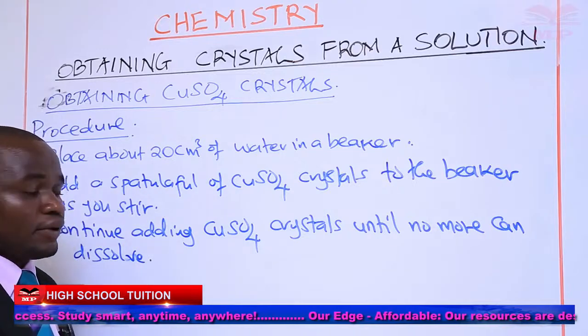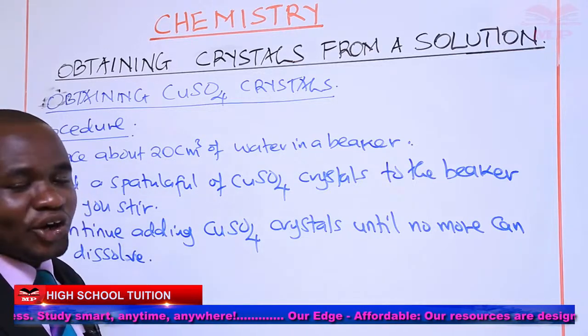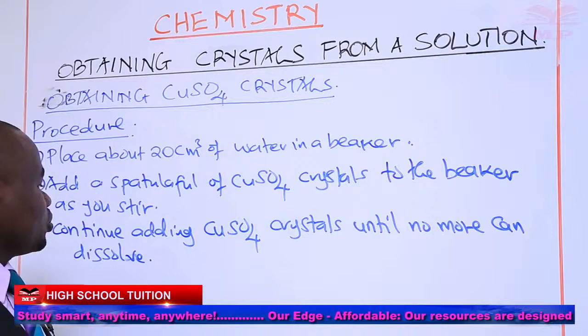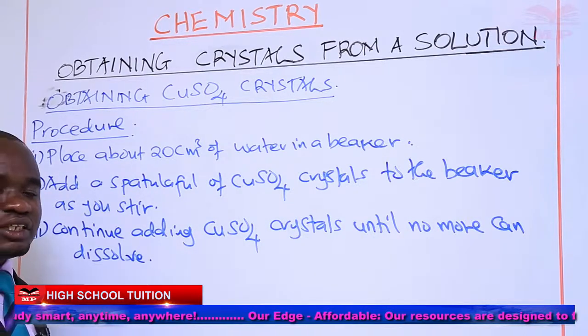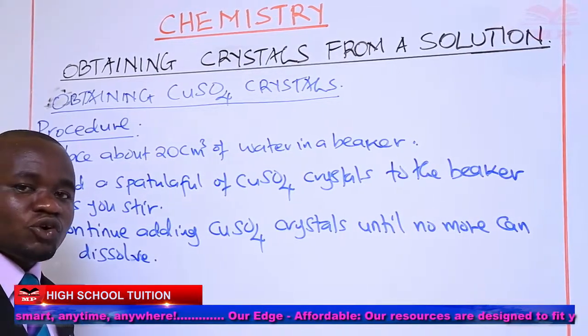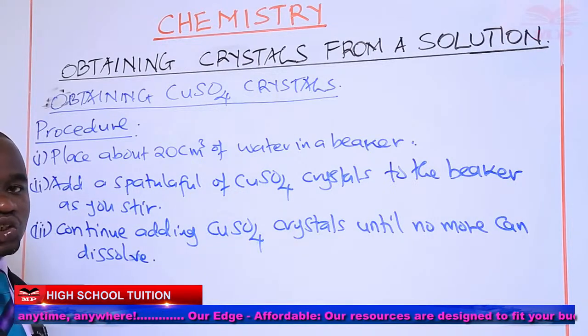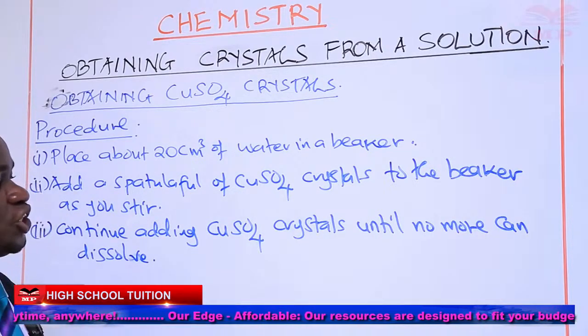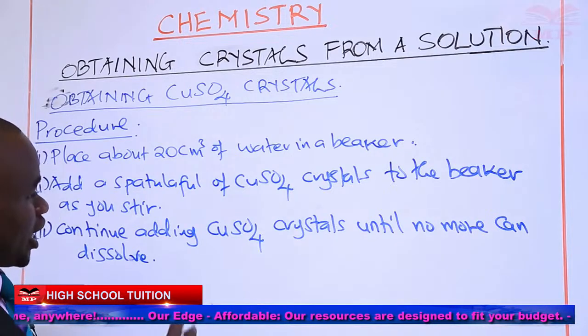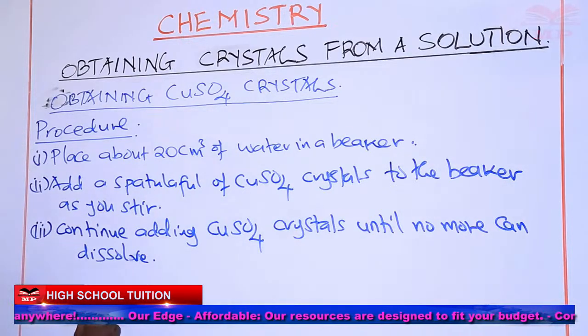So we are saying the point at which no more crystals are able to dissolve, that solution has reached a point of saturation. So such a solution, we are going to call it a saturated solution, one in which no more solute can dissolve.